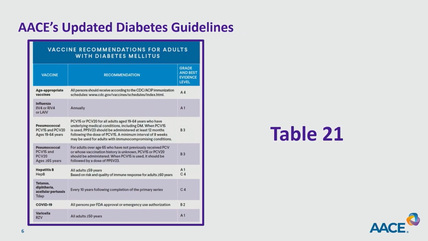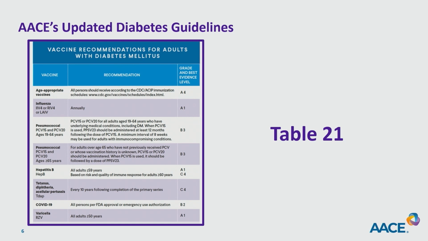In the guidelines, this table has a summary of the vaccines that our patients with diabetes should receive. And I'll point out that this table also has a recommendation to reference the CDC's website because, like we all know, vaccine recommendations might change with time.